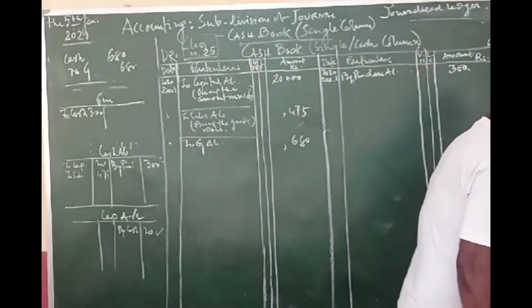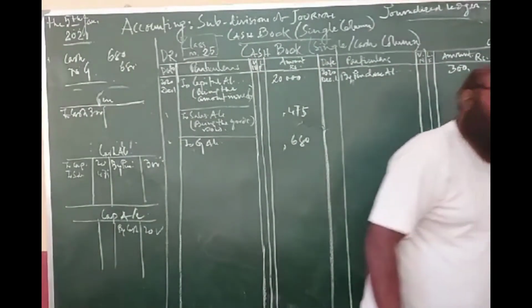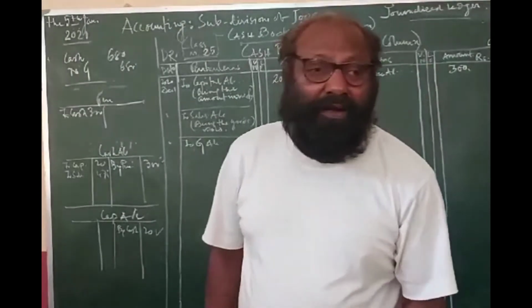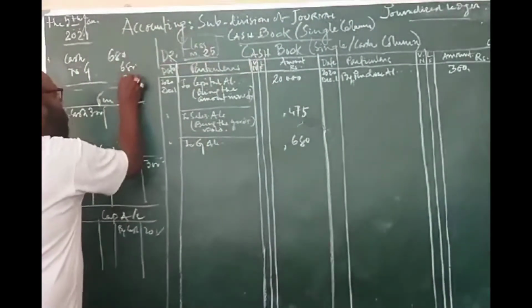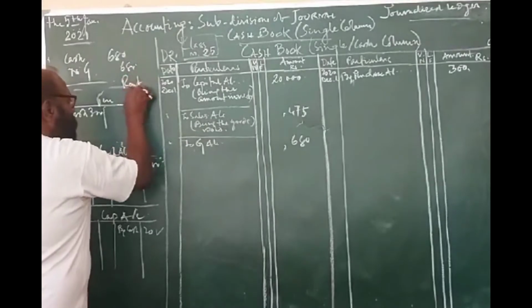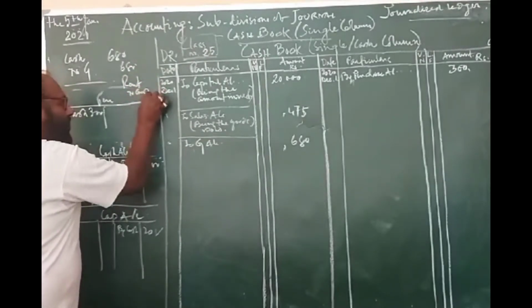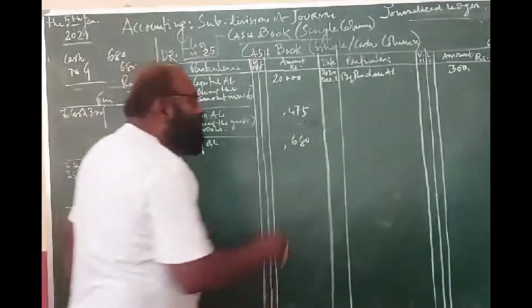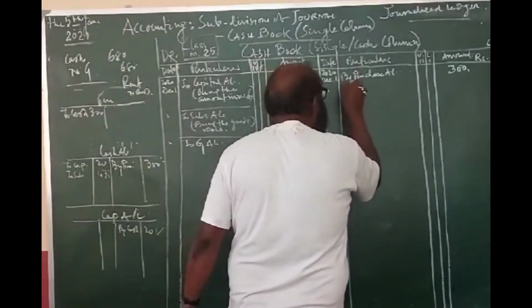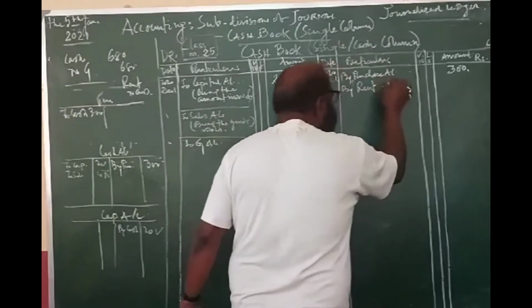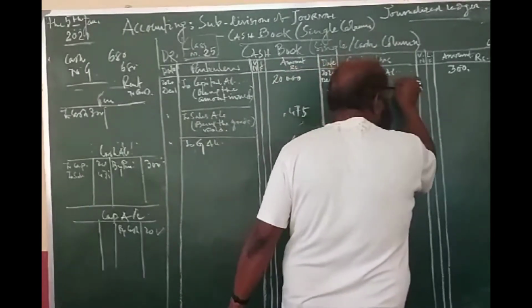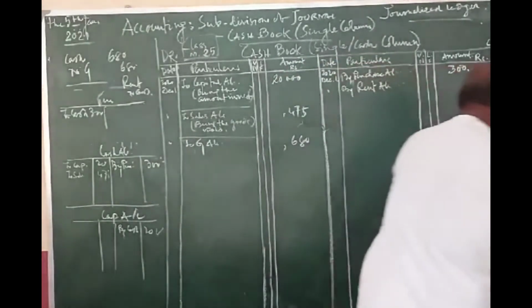Then paid for house rent. What is the journal entry? House rent account debit to cash, or rent account debit to cash. The journal entry is rent account debit to cash. So cash has been credited, so we should write "by rent account". How much? 200.